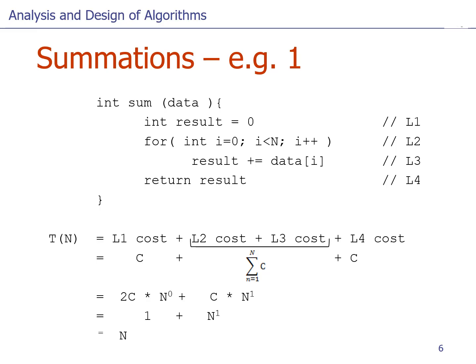Okay. Now, line 2, I have a for loop. Once I see a for loop, any iteration construct, for loop, while loop, do while, and so on, I'm going to write a summation. Now, what's inside the for loop will determine what's inside the summation. Inside the summation, which is inside the for loop, line number 3, there is constant work being done, which is accessing one element from the array.